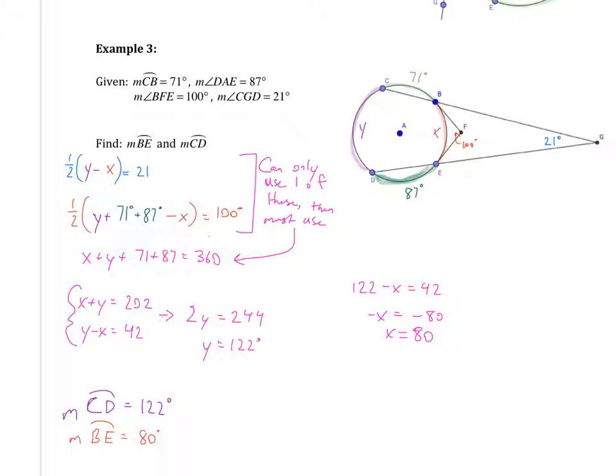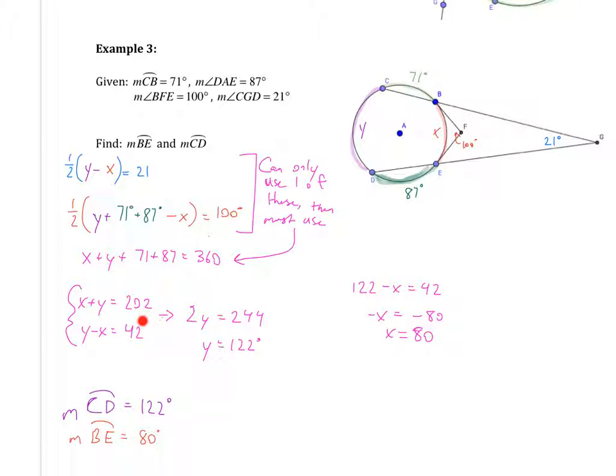So if you're thinking about using this angle, y minus x times 1/2 gives you 21, pretty straightforward. Or you can use the tangent to do y plus 71 plus 87 minus x, and that divided by 2 will give you 100. So I used this one in my work here.